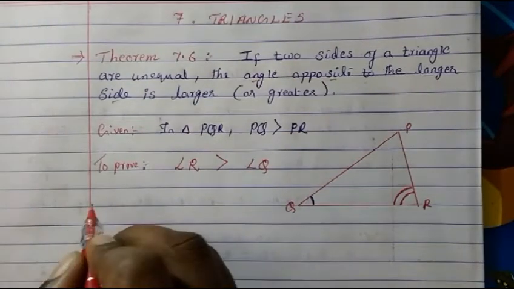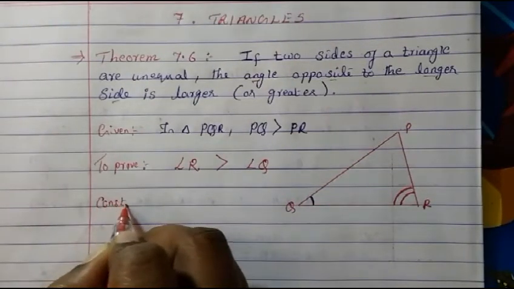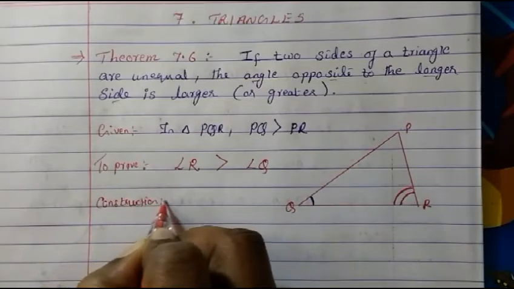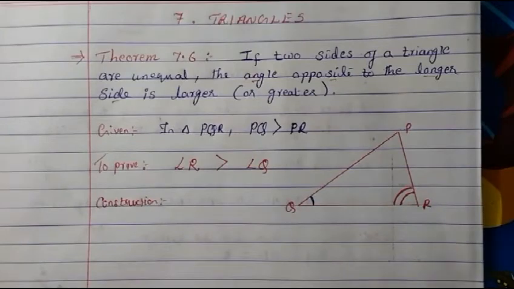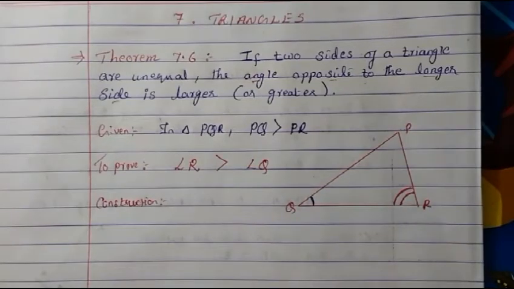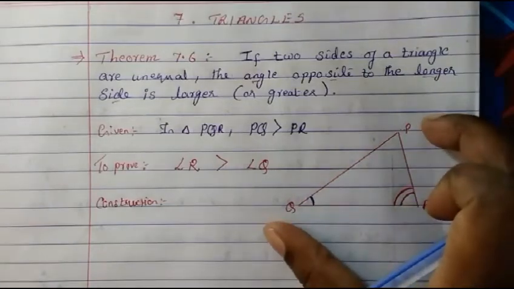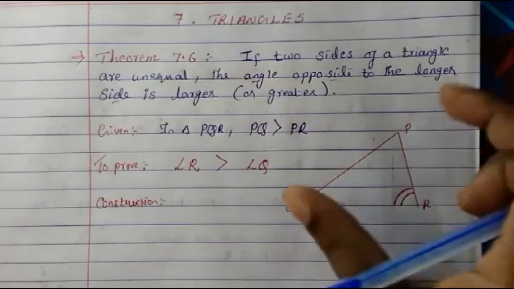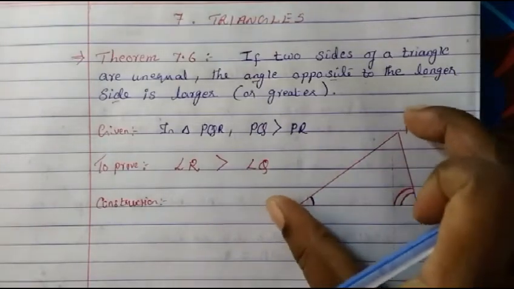For this, we'll do some construction. What is the construction? We will take a point on the longest side PQ in such a way that PS will be equal to PR.